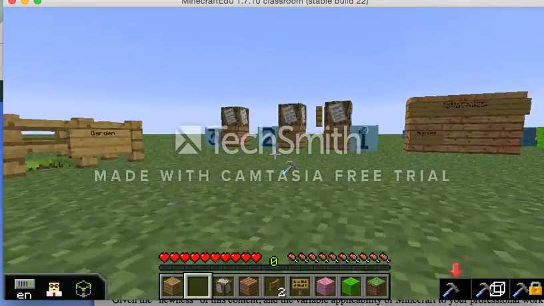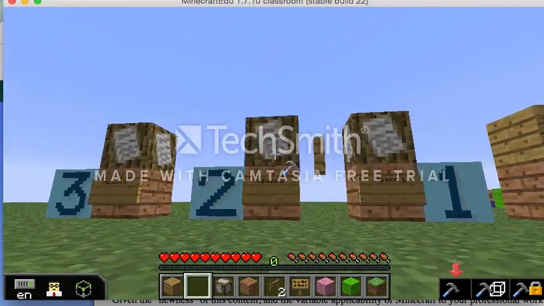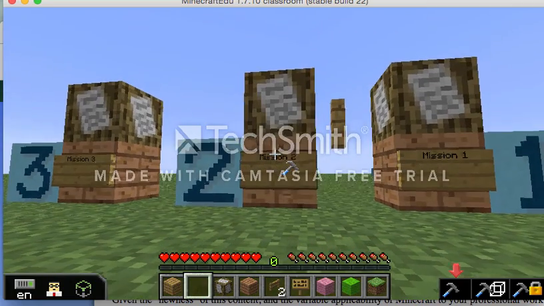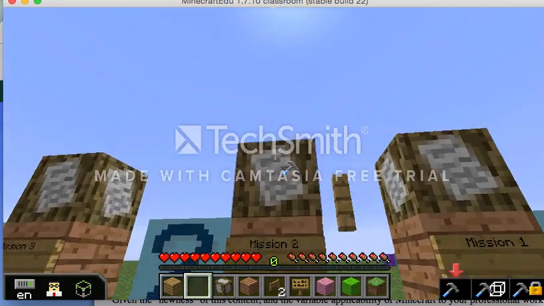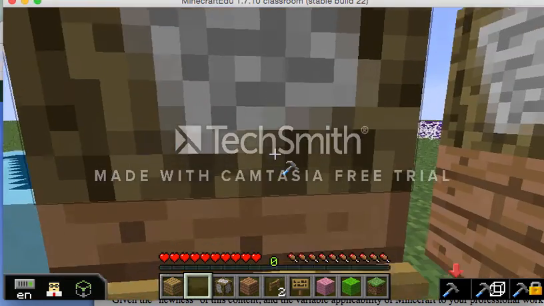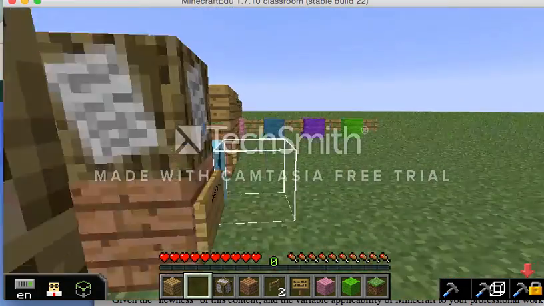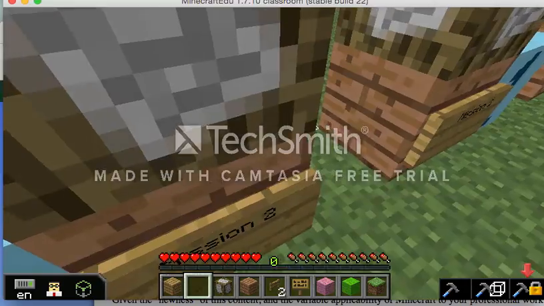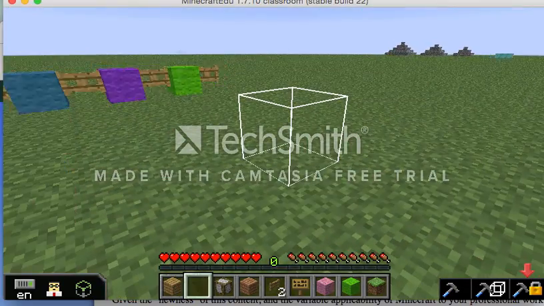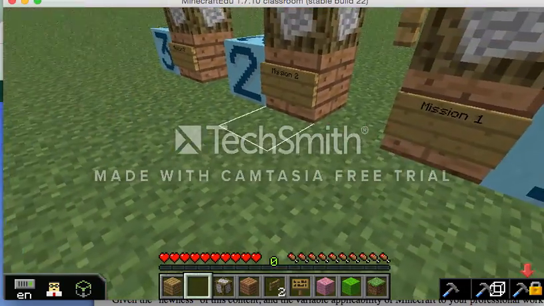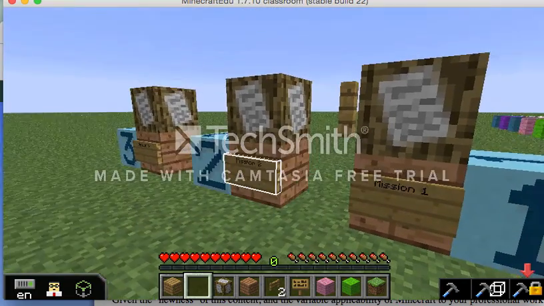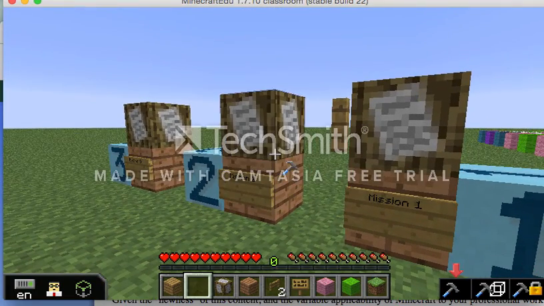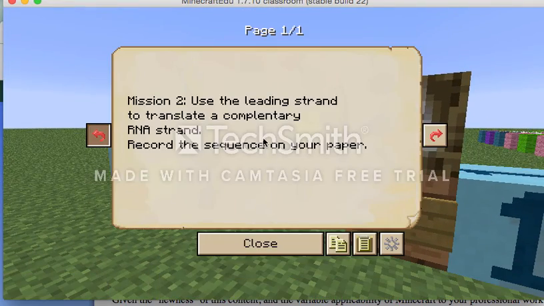Once they have completed that portion, they would then go to the next task, which is to look at the creation of the RNA strand.